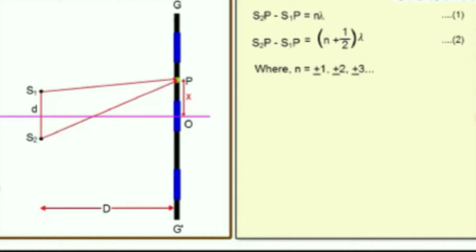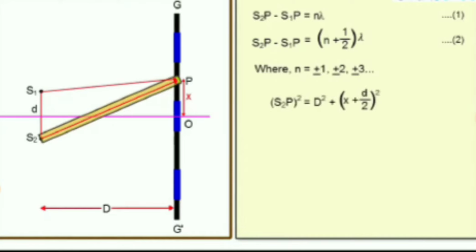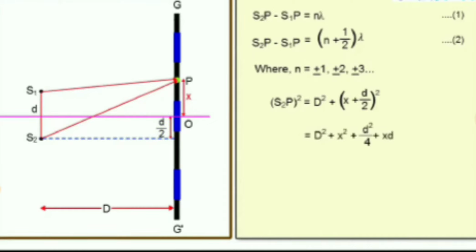From the diagram as shown, we can write that S2P squared is equal to D squared plus (x plus d by 2) whole squared. This is equal to D squared plus x squared plus d squared by 4 plus xd. Similarly, S1P squared is equal to D squared plus (x minus d by 2) whole squared.